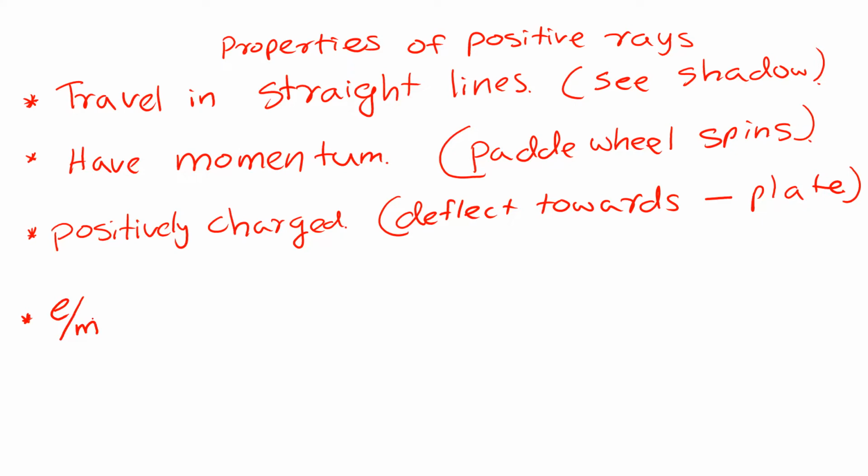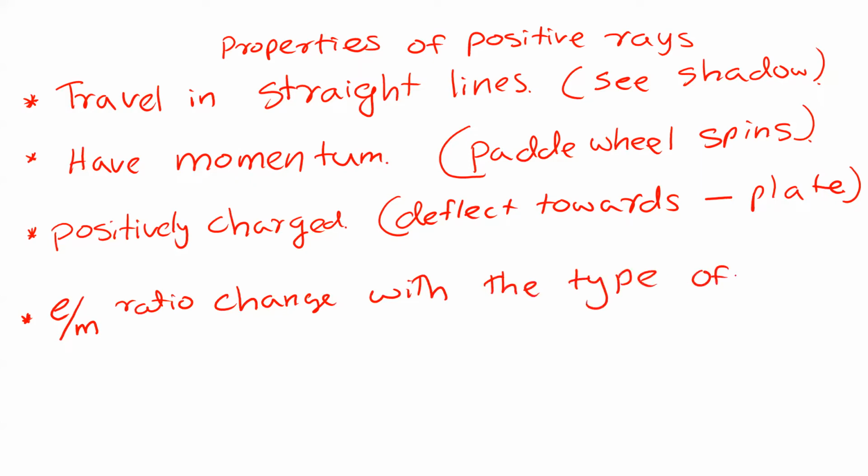However, in the case of positive rays, or the anode rays, the e/m ratio is going to change. It's going to depend on the type of gas you have in the tube. It changes with the type of gas used.